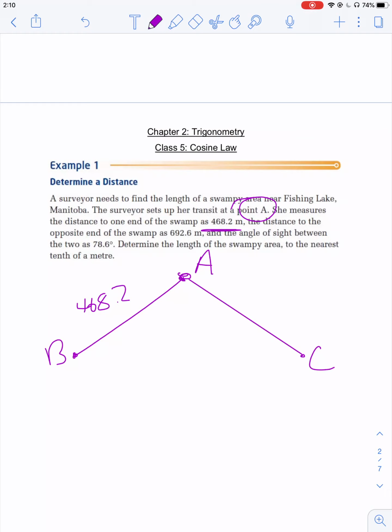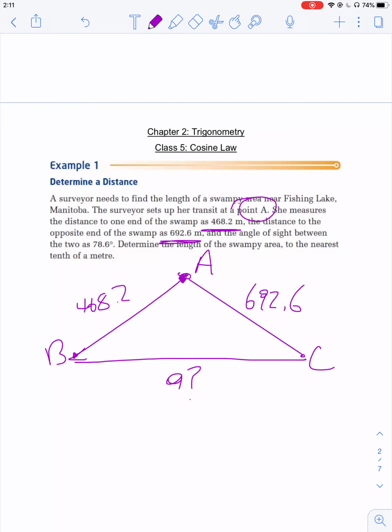Then this distance over here is 692.6, right? And they are asking you to determine the length of the swampy area. So they're asking you to figure out this distance. So remember, if this is A, then the side opposite to that has to be a. So they're asking you to calculate a.